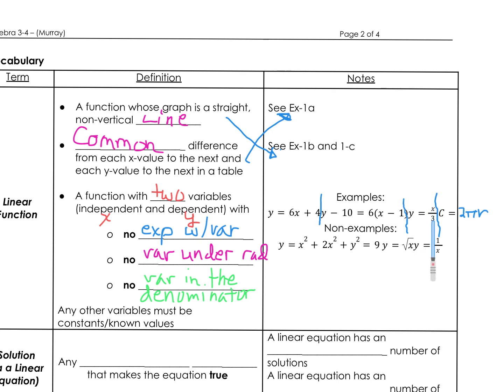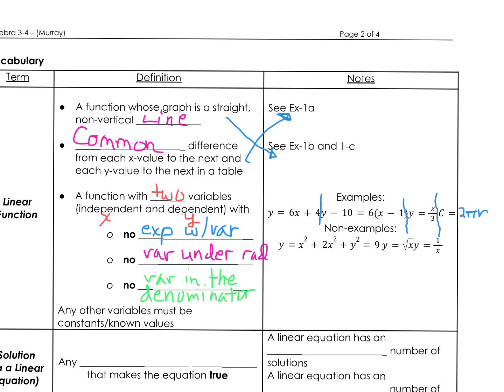On this one, we have a fraction, but notice that the x is in the numerator. That's okay. And then your exponents are 1. And then here we have two different variables that are not x's and y. We have an r and a c, but they're both to the first power. And this does not count as a variable because pi is actually a number, 3.14 and so on, right? It's an irrational number. It just looks like a variable.